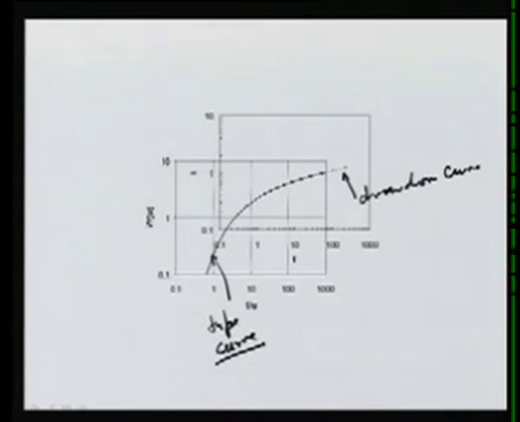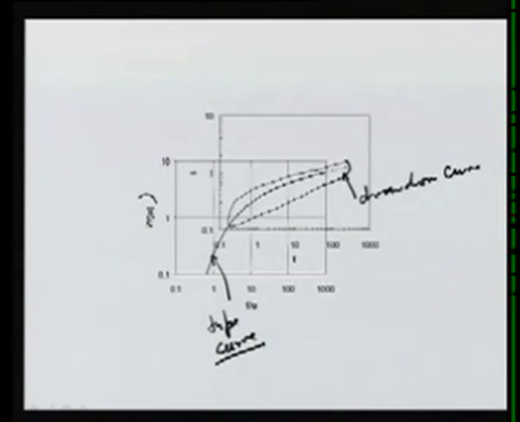So we shift the drawdown curve or the type curve, keeping the axes parallel. We shift it in such a way that all the drawdown curve data matches with the type curve. And by this shifting, when we get the perfect match, then we note the ordinates which match. For example, for some Wu, we find out the corresponding S, and for some value of 1 over u, we find the corresponding T. And then we use these values to estimate the transmissivity and the storage coefficient.